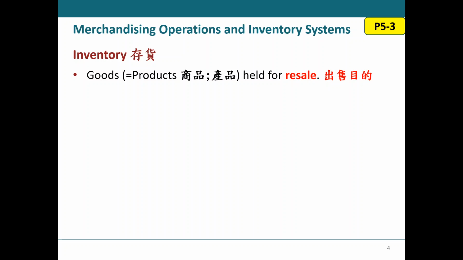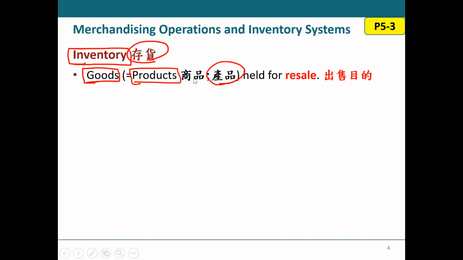It means the company's products. When we talk about goods, goods means products, means inventory, means 存货, means 产品. They are the same. Every time we talk about goods, products, or inventory, we mean the same thing.